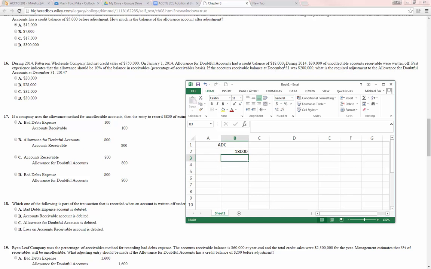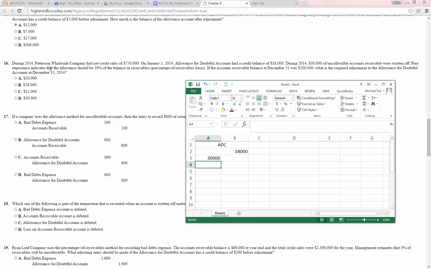Then during 2014, $30,000 of uncollectible accounts receivable were written off. When we do that, then we do a debit to the allowance for doubtful accounts, and we credit the accounts receivable.